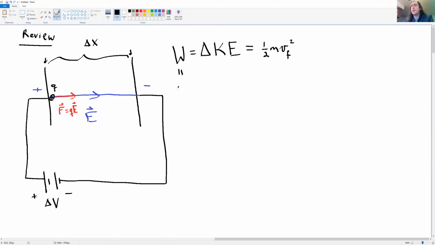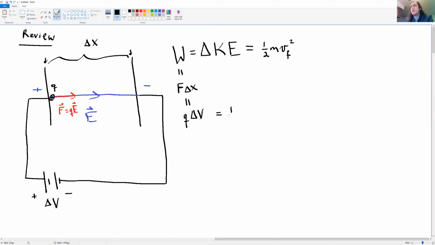And the work here we can write as the force times the displacement. But we can also write the work done on a charge as Q times delta V.